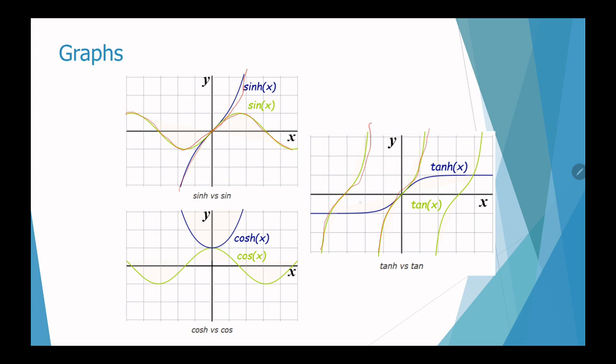But tanh of x is more like a cube root of something. Cosine does this, and cosh does this. Okay, so they are different. They do make different graphs.